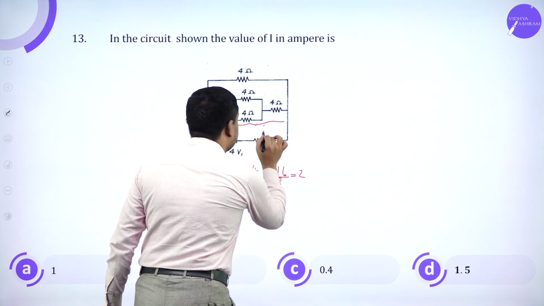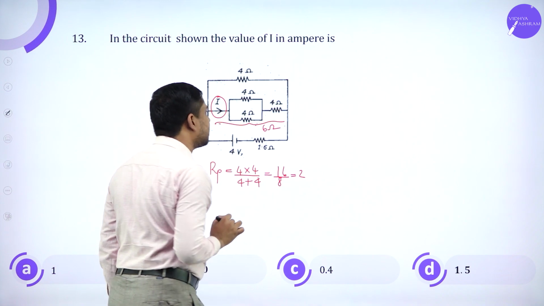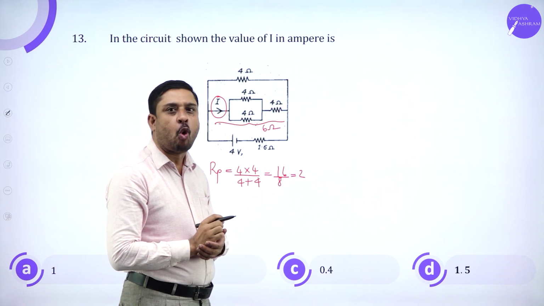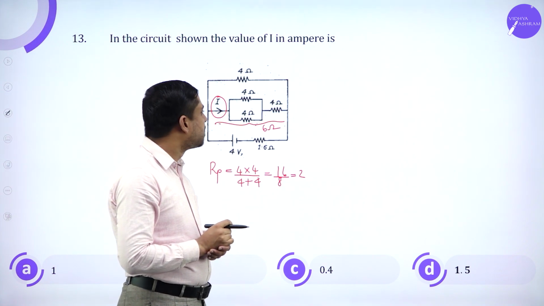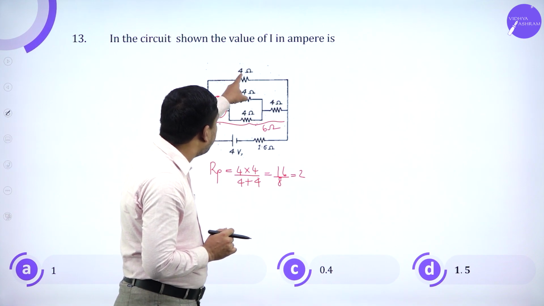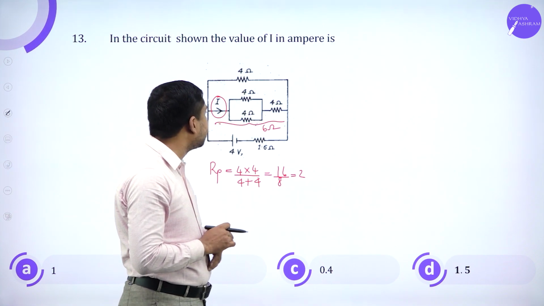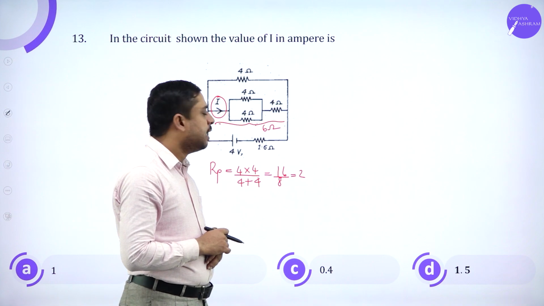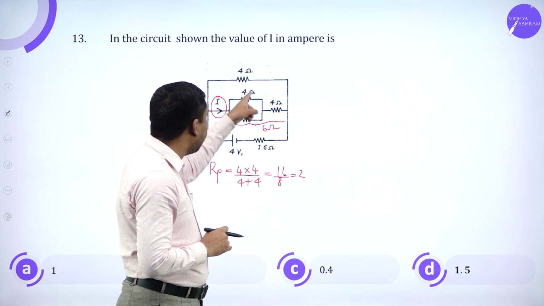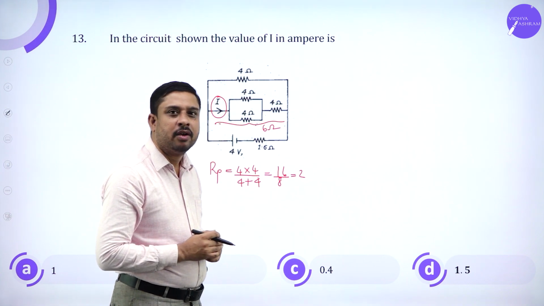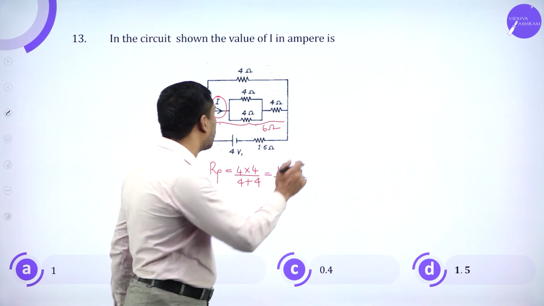So here the entire resistance is 6 ohms. Which means 4 and 6, again they are in parallel, which turns out to be 2.4 ohms.